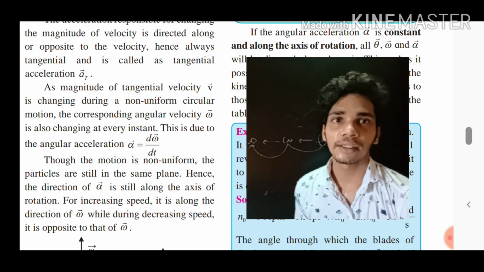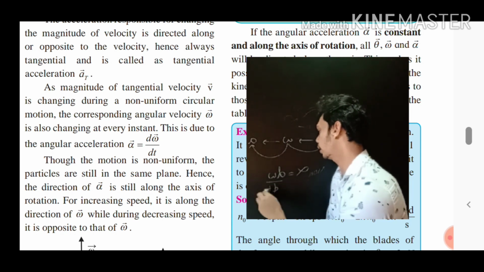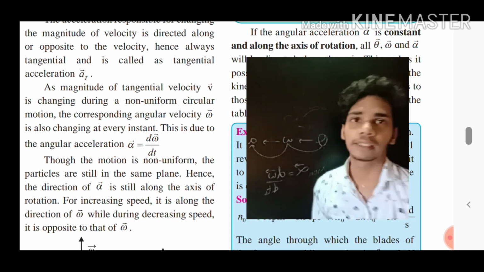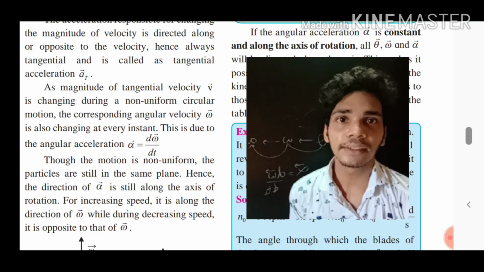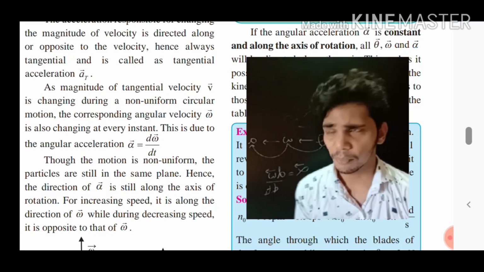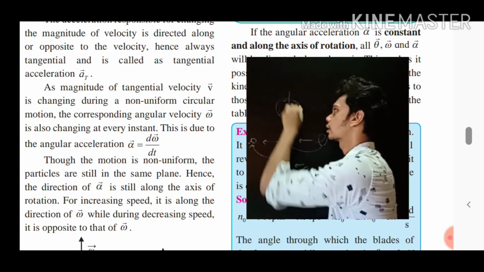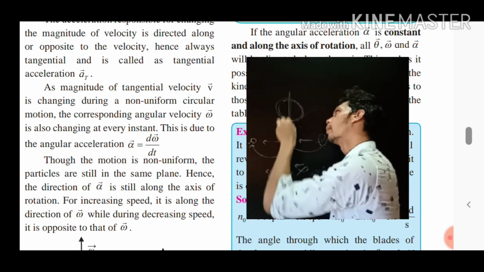Okay, so the angular acceleration is represented by alpha is equal to d omega with respect to dt. If you want to show the vector, you can show it like this. So hence the direction of the acceleration is still along the axis of the rotation. We have mentioned that in a rotational motion, the particle is moving in a circular fashion about an axis passing through the center of mass.